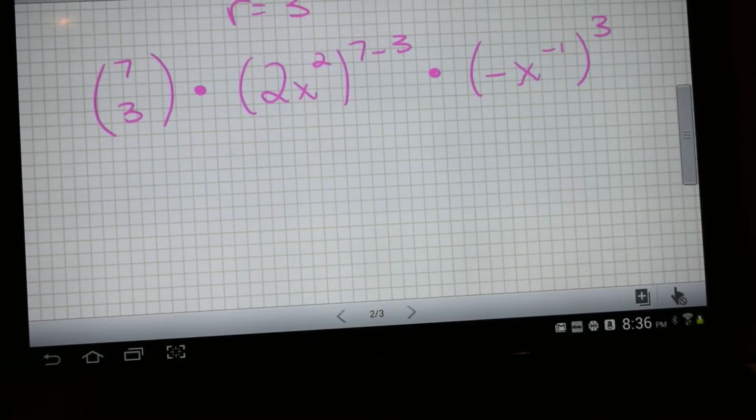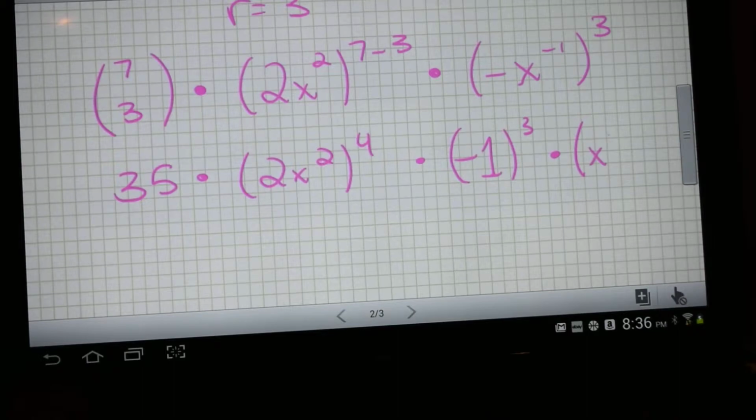Go to math, PRB, nCr. That is 35. To the 4th power times negative 1 to the 3rd power, this is times x to the negative 1 power to the 3rd power.